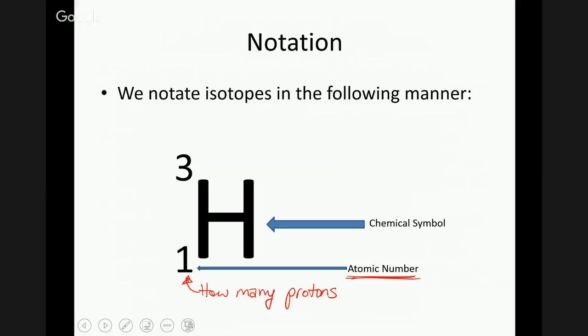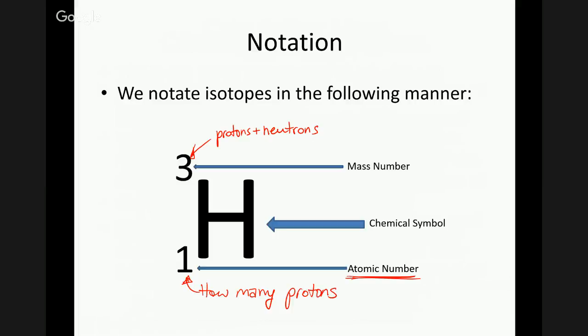And up here, we put the mass number. And that tells us how many protons plus how many neutrons there are. You'll note that this notation is not like we normally write it on the periodic table. It's a little wonky, and I'm sorry for that. I didn't invent it, but that's how it is.